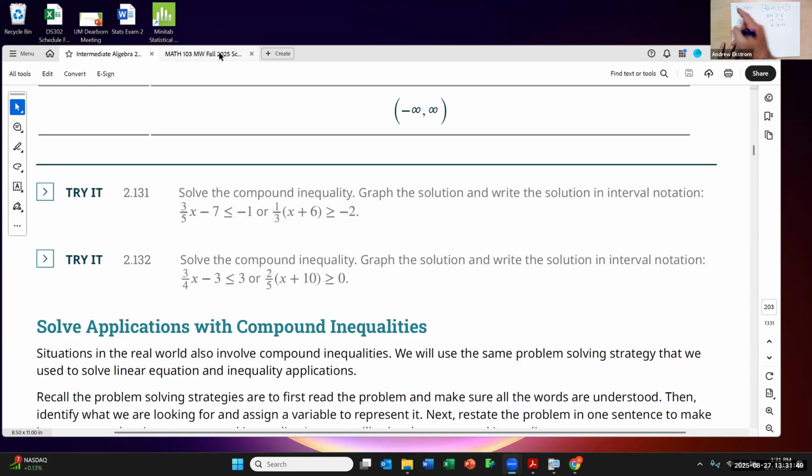For this one, I'm actually going to try to work with it first. So -1 plus 7, that's going to be a 6. And now, just because of how this is set up, I need to get rid of the 3/5. So if you know what's coming next, awesome.